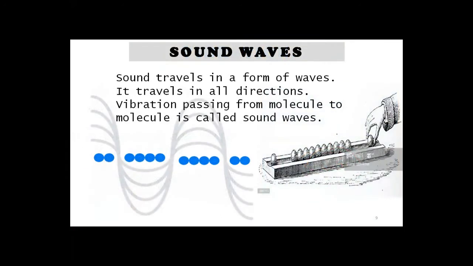Sound travels in the form of waves in all directions, and the vibration passing from molecule to molecule is called sound waves. You can easily observe how the air particles pass the vibration to each other and how the waves are produced. This is called sound waves.